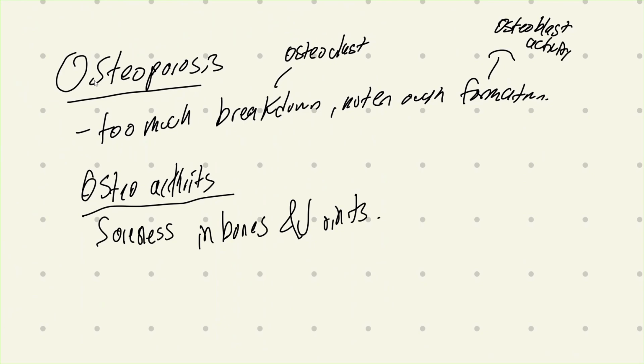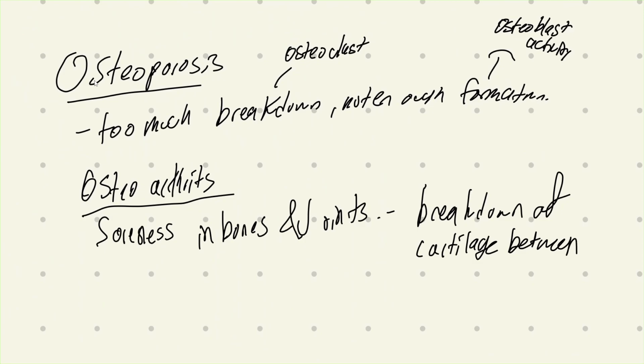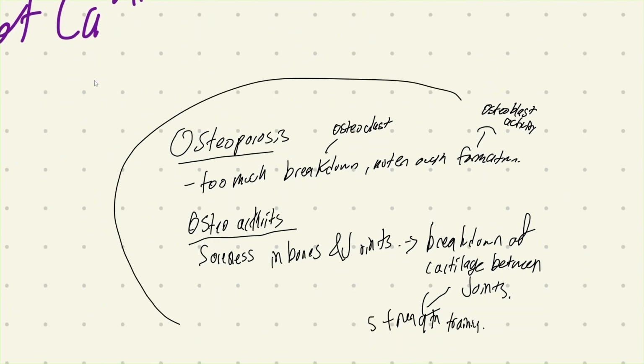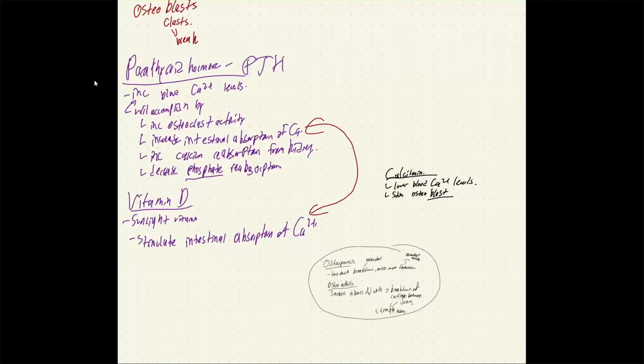This is caused by the breakdown of cartilage between the joints, and the treatment is strength training. And that's why working out is OP, because it just solves all of your bone problems, right? Strength training kind of just solves it.